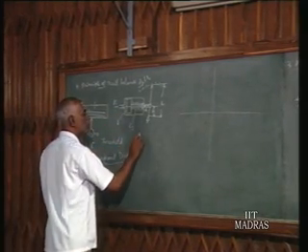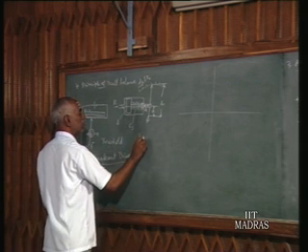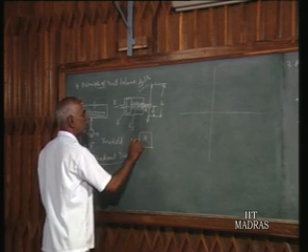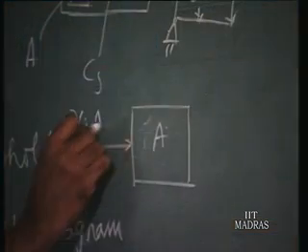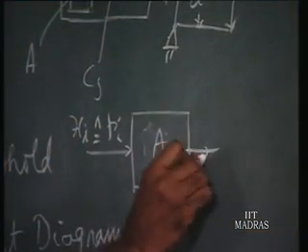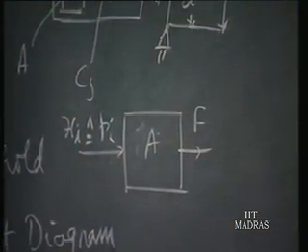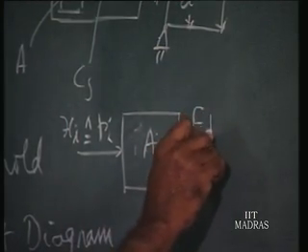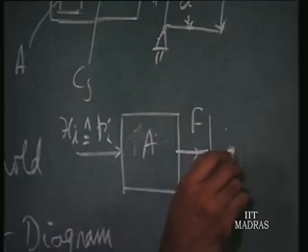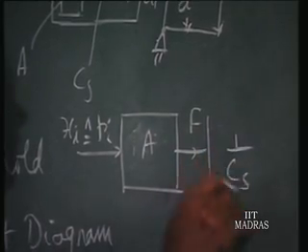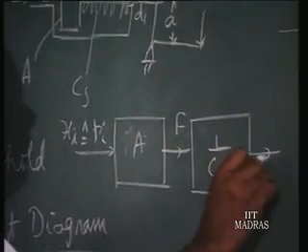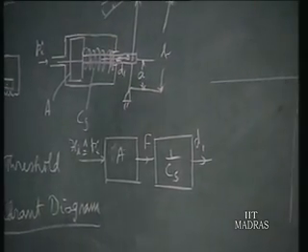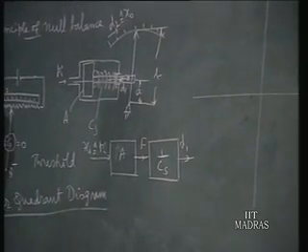That is the piston area A. So this is our input signal Pi, which gives rise to force F. This is the first block of this instrument in terms of basic functional elements. Next one is the spring. Spring has Cs as the spring constant. So F by Cs will be our d1. And then probably I will draw a little smaller.